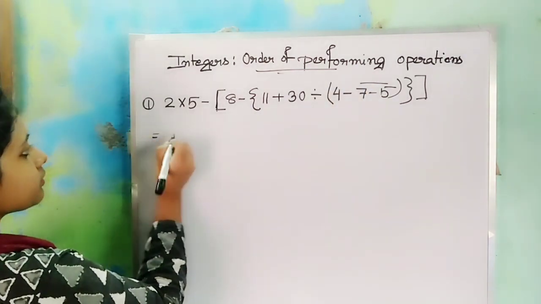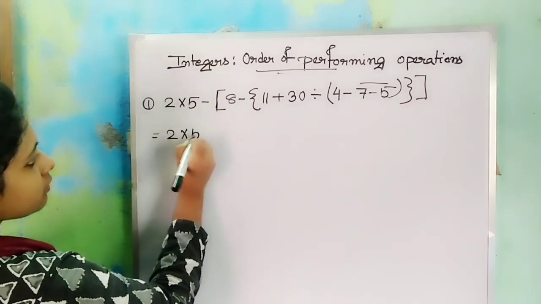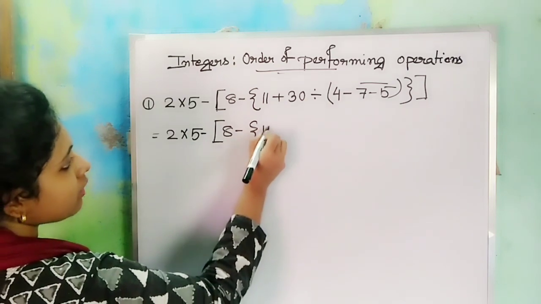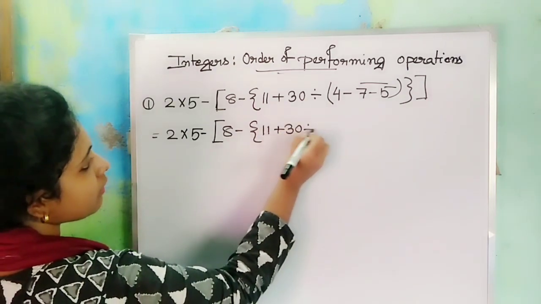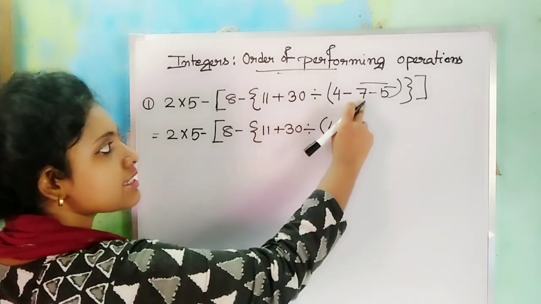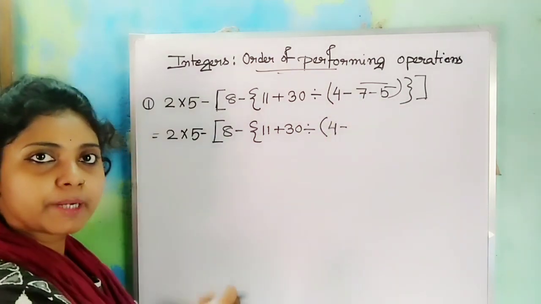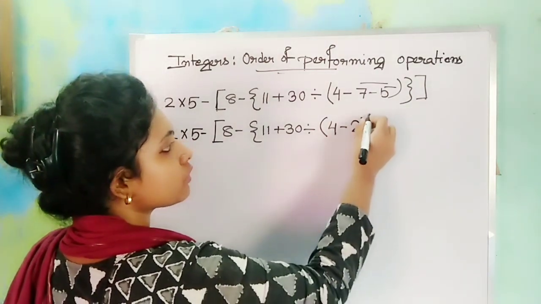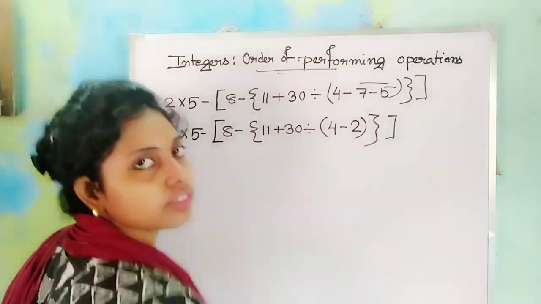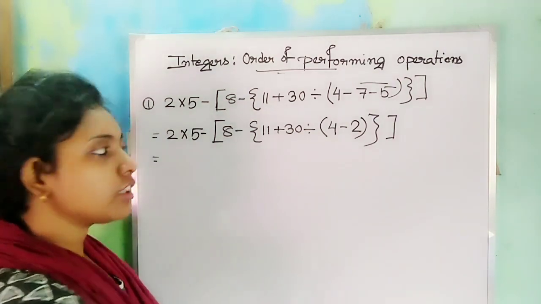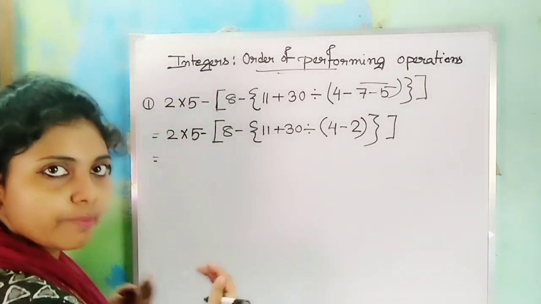So 7 minus 5 in the bar bracket equals 2. Next, we have to do the operation within the first bracket, 4 minus 2, which is 2.